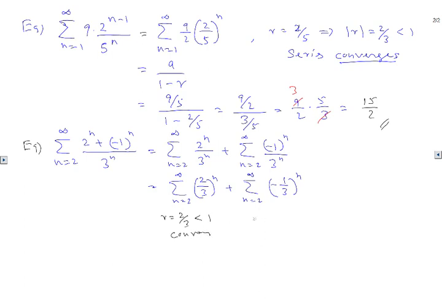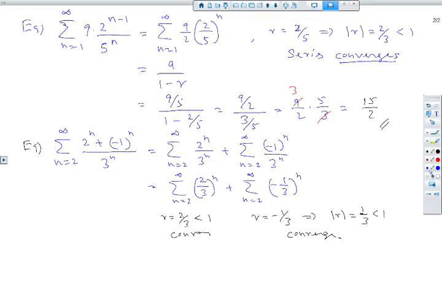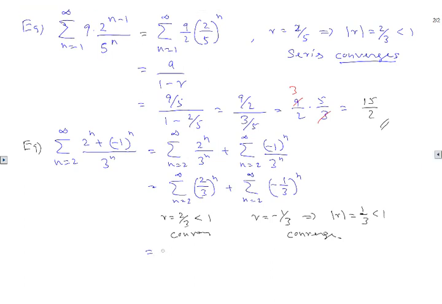And in the other one also r equals negative 1/3, that means the absolute value of r is 1/3, which is less than 1, so converges. So both converge. So that means we can use the sum formula here. So sum formula is a over 1 minus r. How to get a?